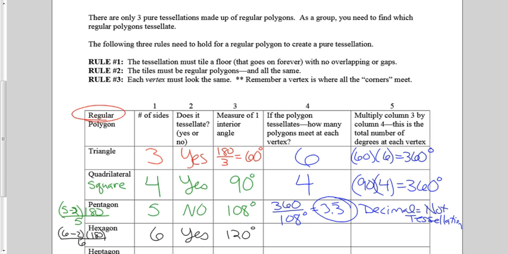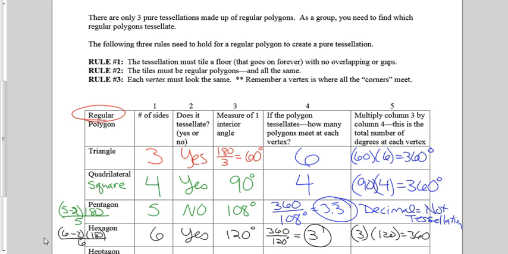So let's do 360 and see if 120 goes into that. That should tell me how many hexagons I need at each vertex. 360 divided by 120 is 3. So I should need 3 hexagons to create a tessellation. And 3 times 120 is 360.